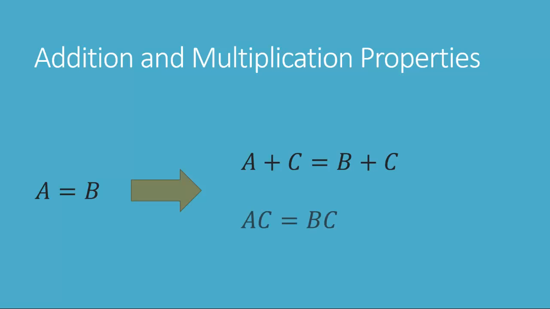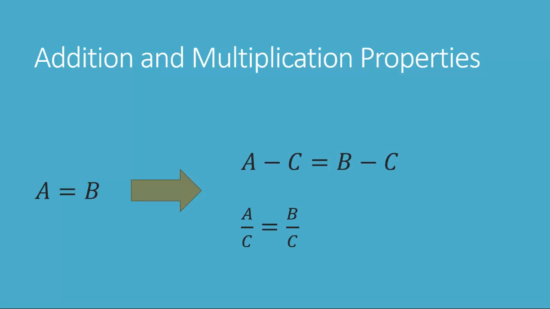For multiplication, it's the same thing. If we take the left side and the right side and multiply them both by c, they're still going to be equal. This also is true for the opposite, in which case we can subtract c from both sides. Subtract some number from both sides and still get the same equality, including dividing.